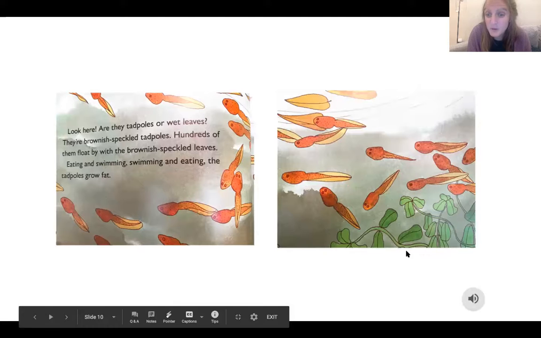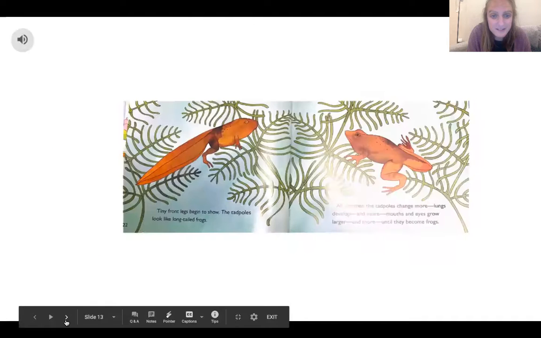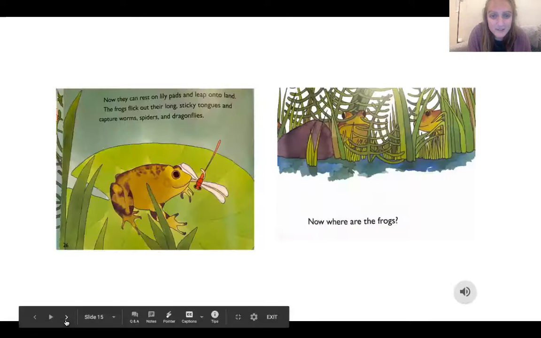Tadpoles underwater with the grasses, you could draw that. Tadpoles hibernating in the mud. Looking ahead, you could draw a picture of the frog on the lily pad eating the dragonfly in the water.